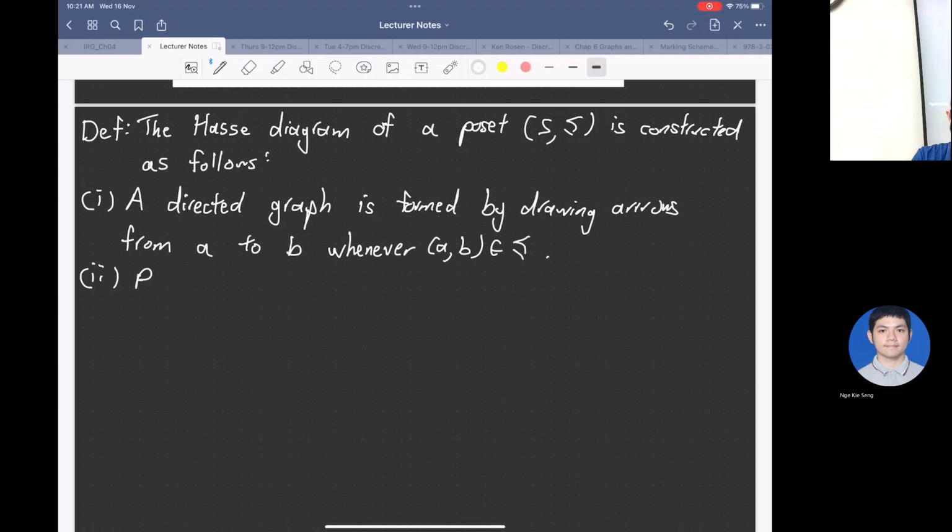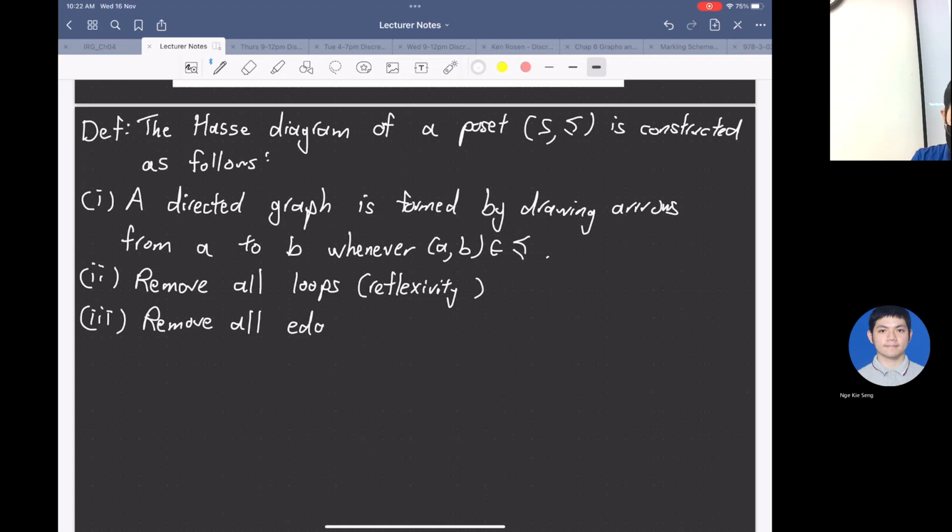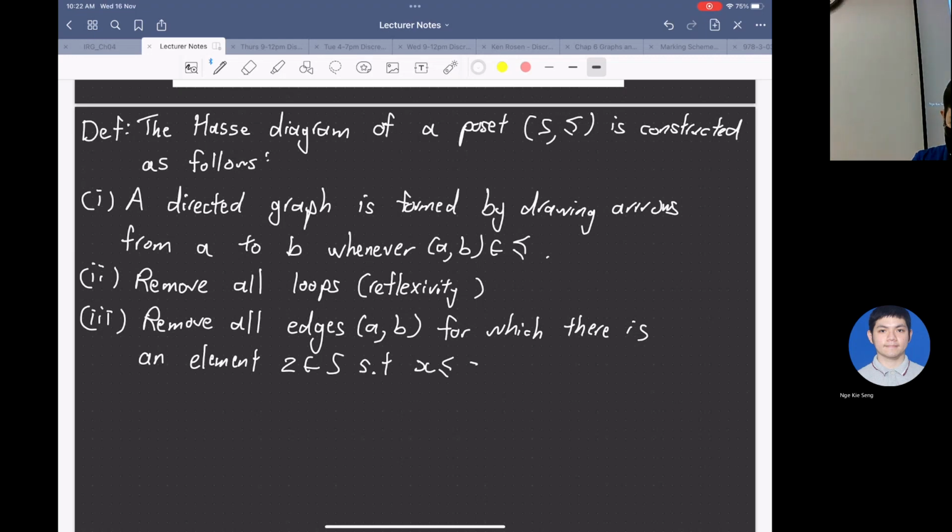And then 2, remove all the loops, remove all the reflexivity. 3, remove all the transitive edges, such that there is an element Z in X such that X is less than or equal to Z and Z is less than or equal to Y. Remove the transitivity.